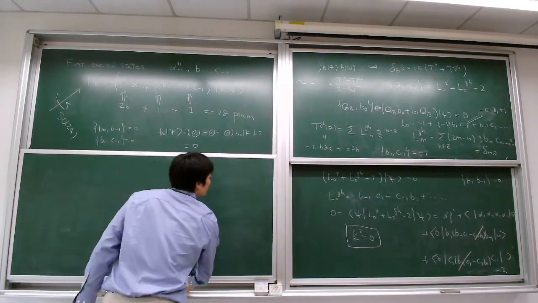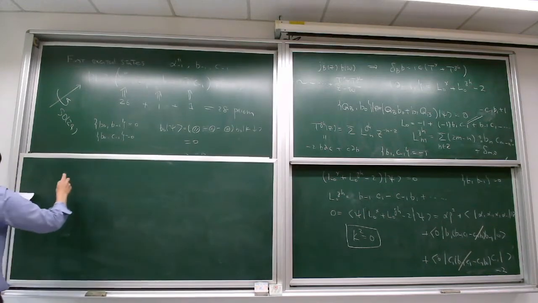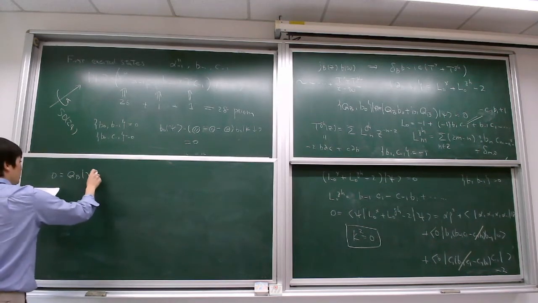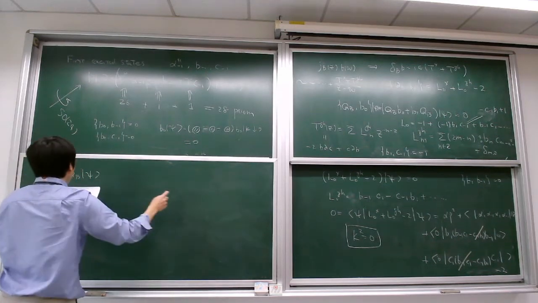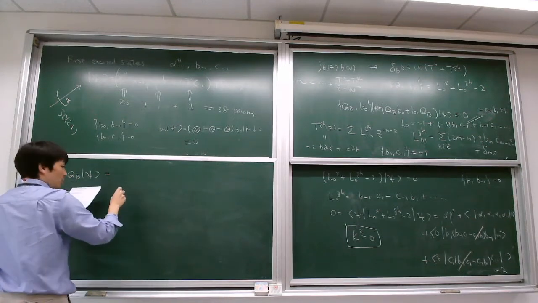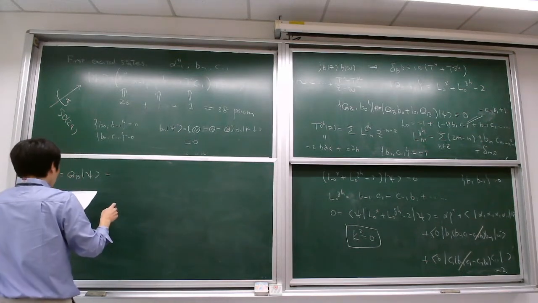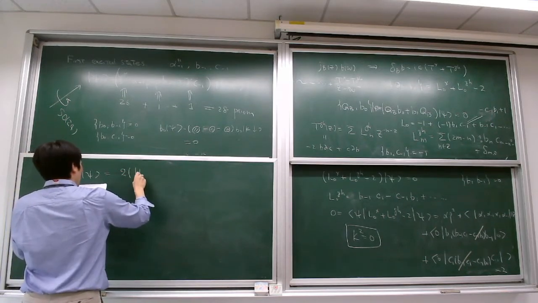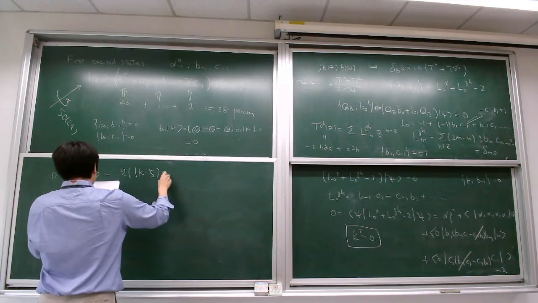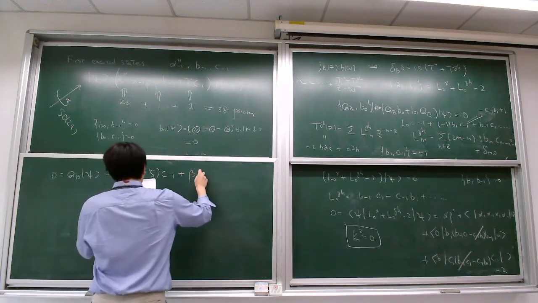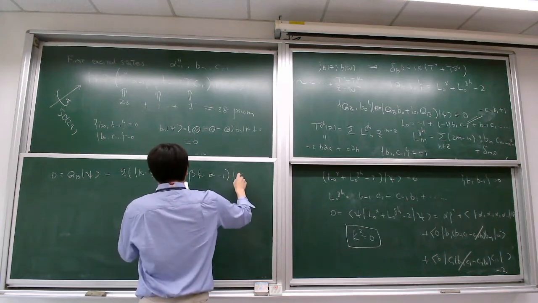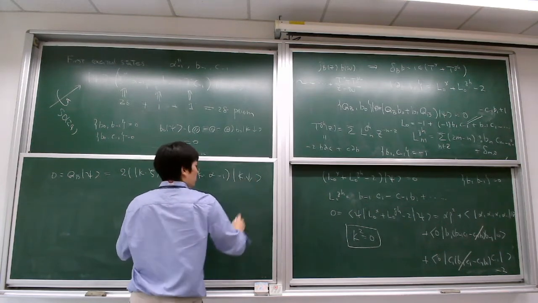And so let's do the other condition. So that 0 is equal to QB psi. I will try to do this computation. So 2k dot zeta c minus 1 plus beta k dot alpha minus 1 k. So this is back here.